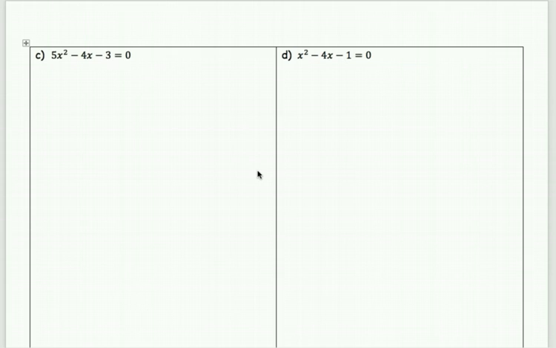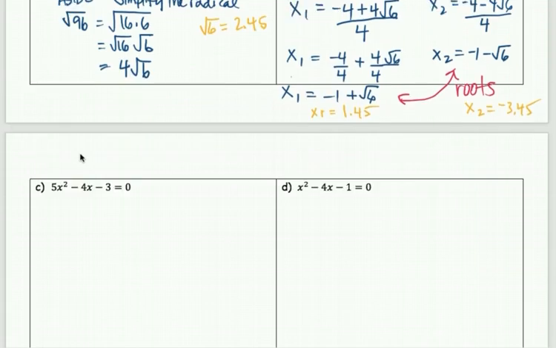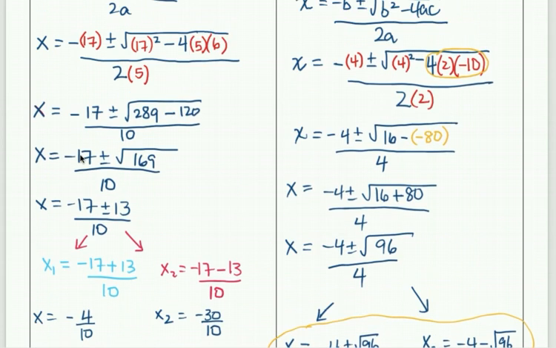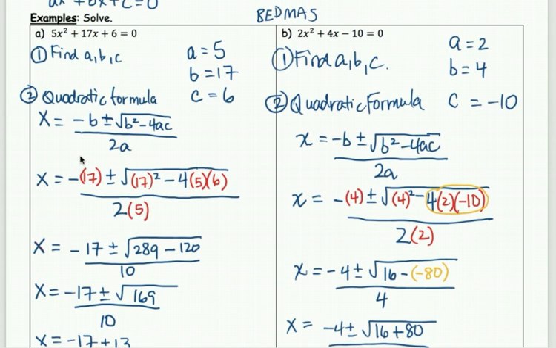So with quadratics, the tools that you already have under your belt are: you can solve your way to the answer, you could factor your way to the answer, and then if you can't use those, you should use the quadratic formula. So hopefully you saw from up here, it's a lot of work. This method is a lot of work, but yes, it can find the answer for all the quadratics.